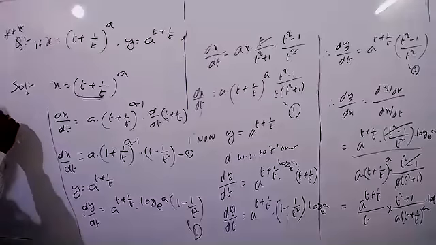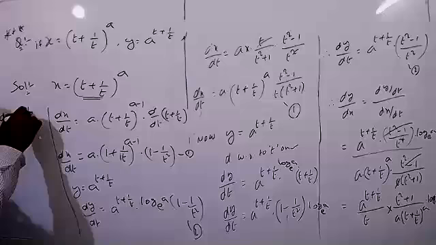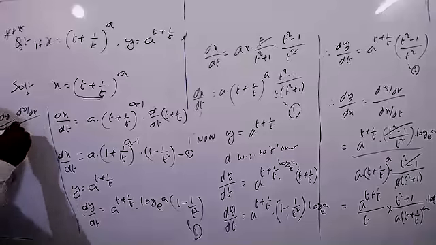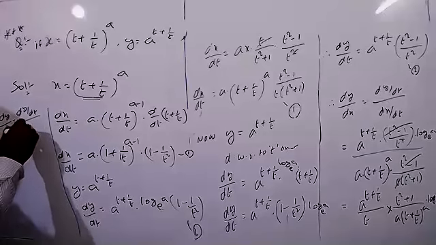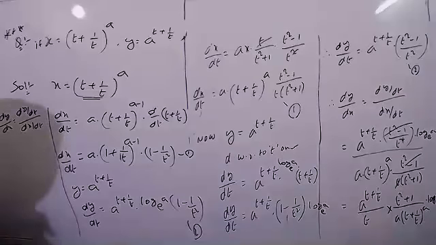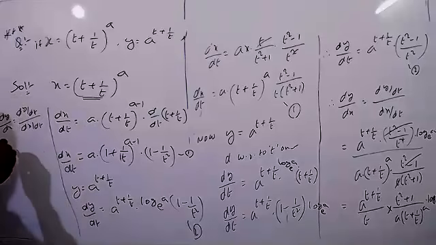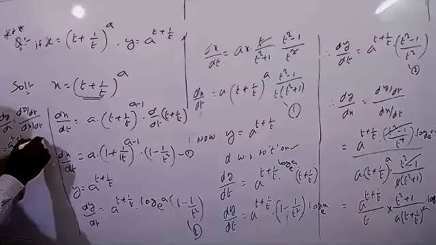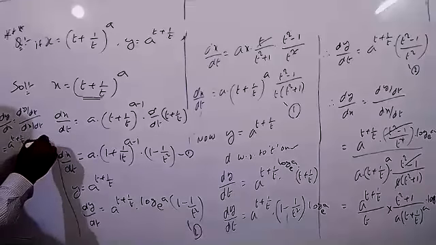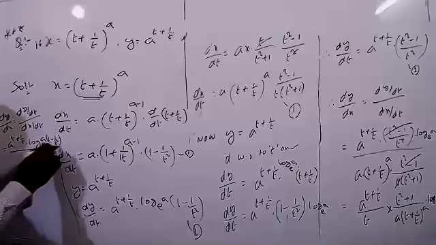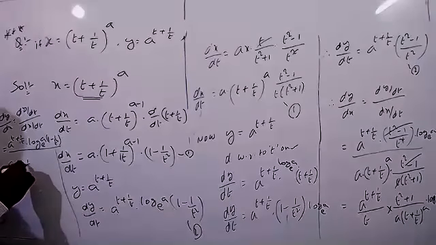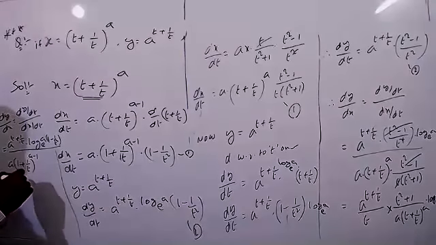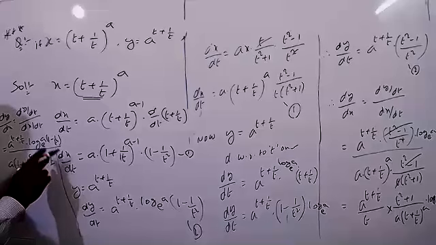So therefore, dy by dx equal to, we know the formula, dy by dt whole by dx by dt. Both we can substitute in there now. This is equal to a power t plus 1 by t into log a base e into 1 minus 1 by t square, whole by a into (1 plus 1 by t) whole power a minus 1 into 1 minus 1 by t square.